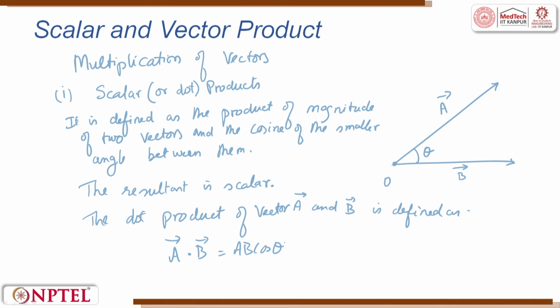This is what I said. Scalar or dot product is defined as the product of the magnitudes of two vectors and the cosine of the smaller angle between them. So, A vector dot B vector gives you AB cos theta.